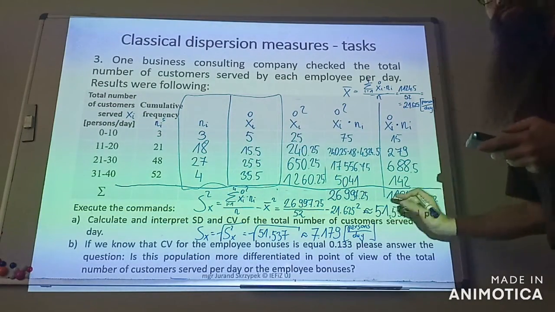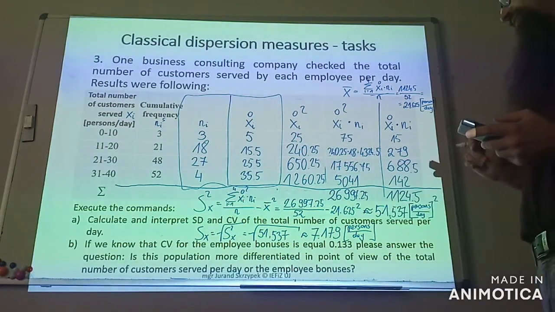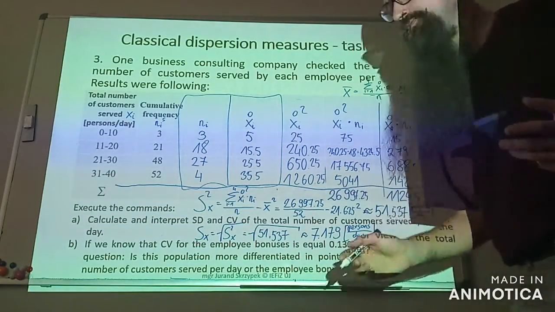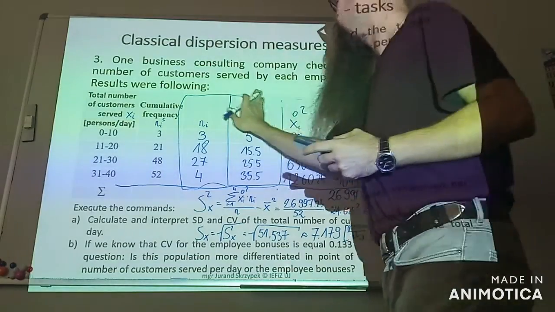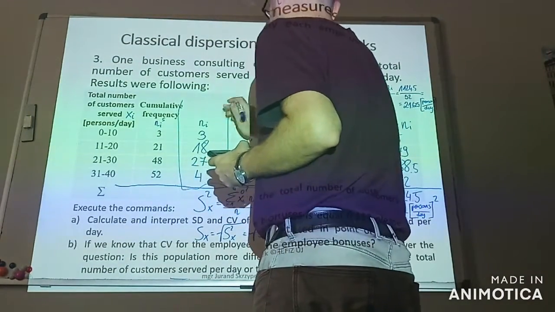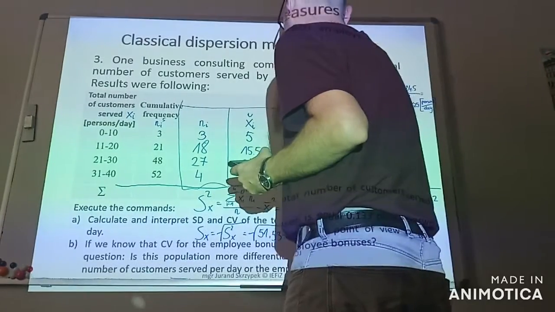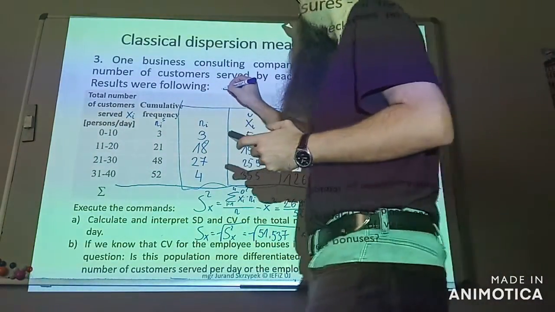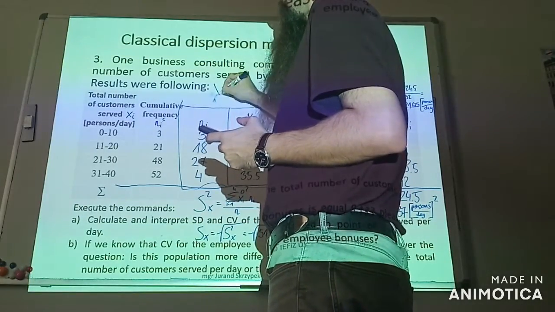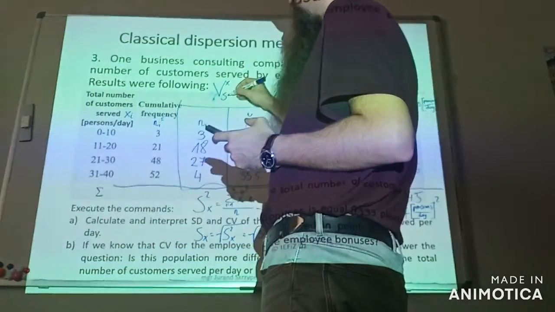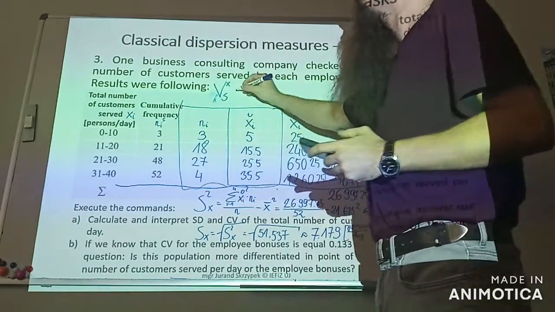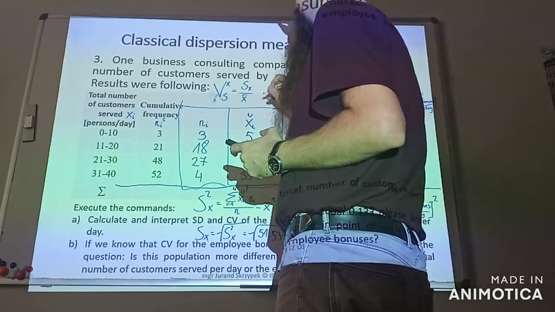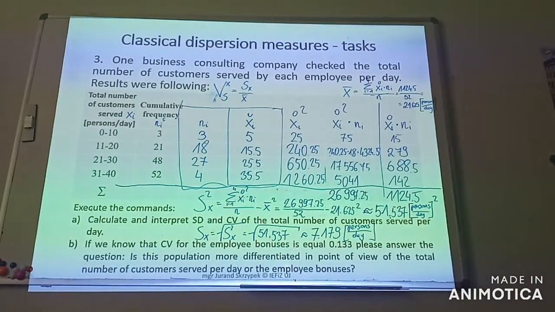Of course, before the interpretation, now I am able to compute the coefficient of variation. Maybe here I have a lack of space, but okay, I will make it. Coefficient of variation based on the standard deviation is standard deviation divided by arithmetic mean.